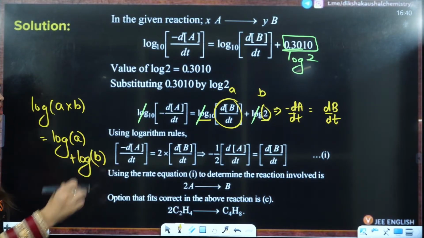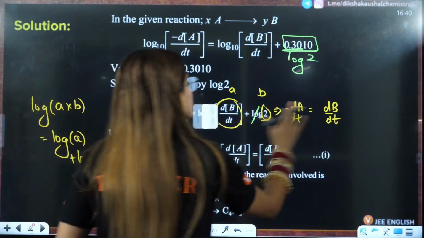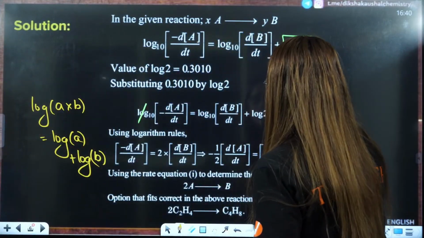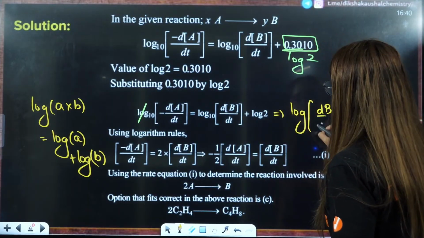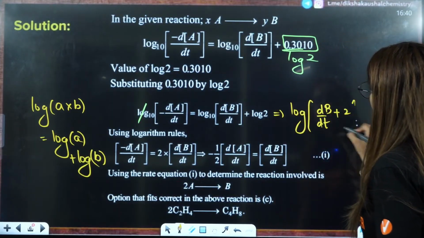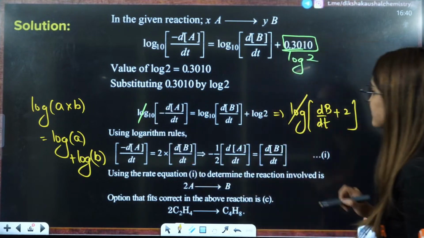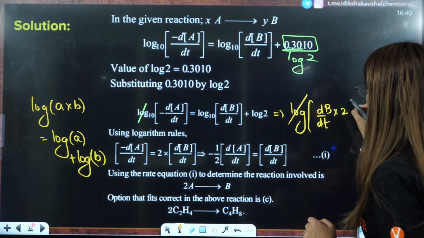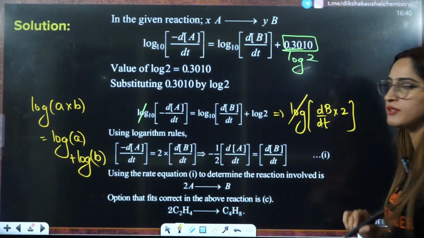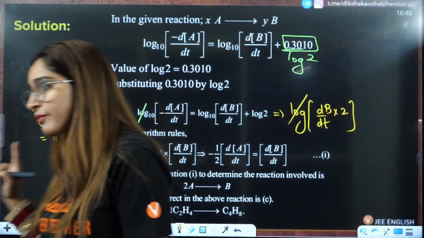So can I also write this as log of dB by dt plus log 2, and then the log will be cancelled. Wait a minute, it should be multiplied here, right? Multiplied by 2, and hence you will have this as your answer. Is this step clear to everybody or not?